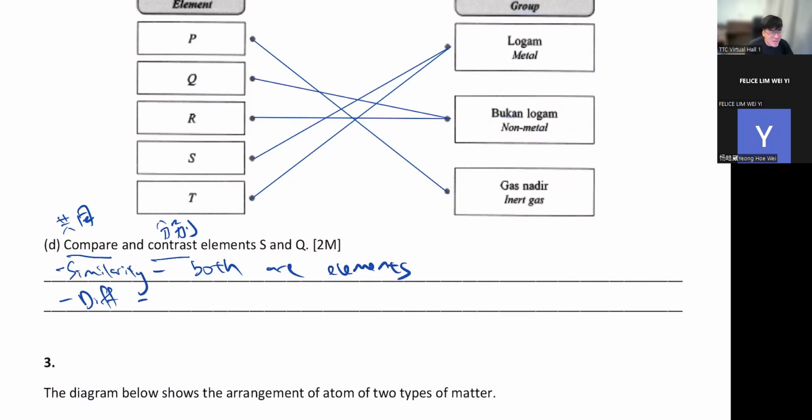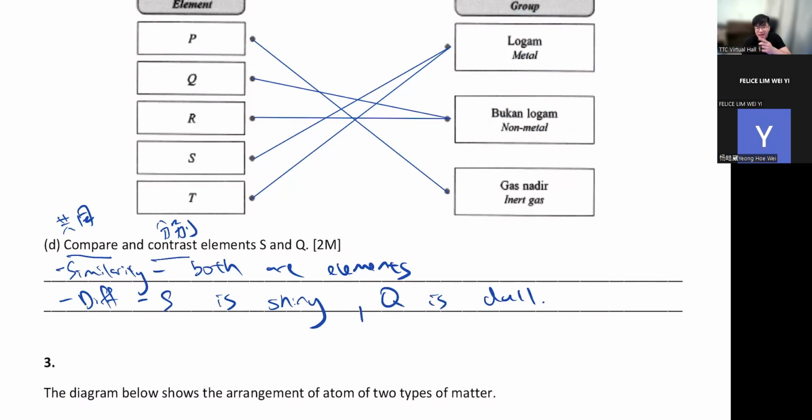You write something else different lah, Ken. So I can think of you can say S is shiny, because metal is shiny 嘛，metal 是亮亮的嘛. And then your Q is dull, dull 就是没有光泽咯, not shiny 咯.